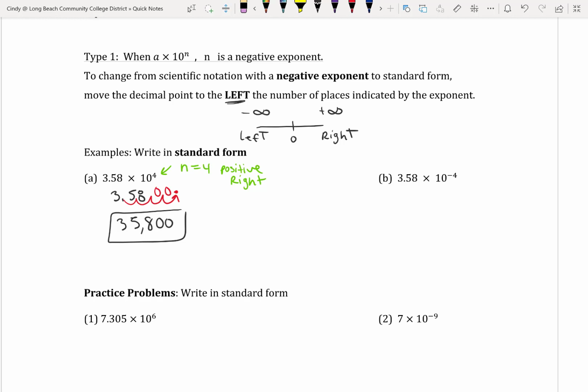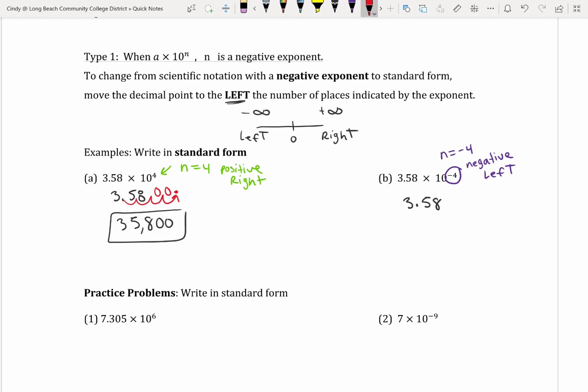Versus what I have over here, my next one, look at my exponent. Here, n is equal to negative 4. It's negative. That means, since it's negative, I'm actually going to be going to the left. So it's slightly different. So I'm going to have my 3.58.